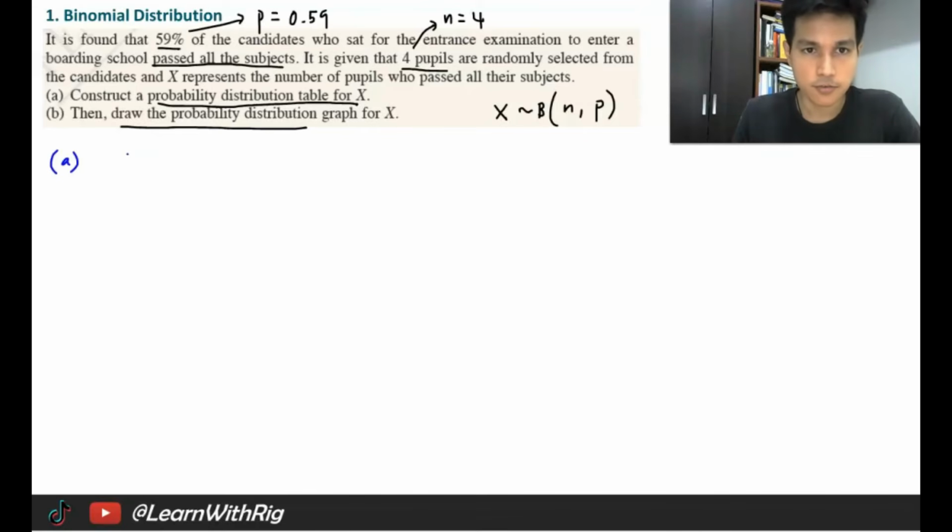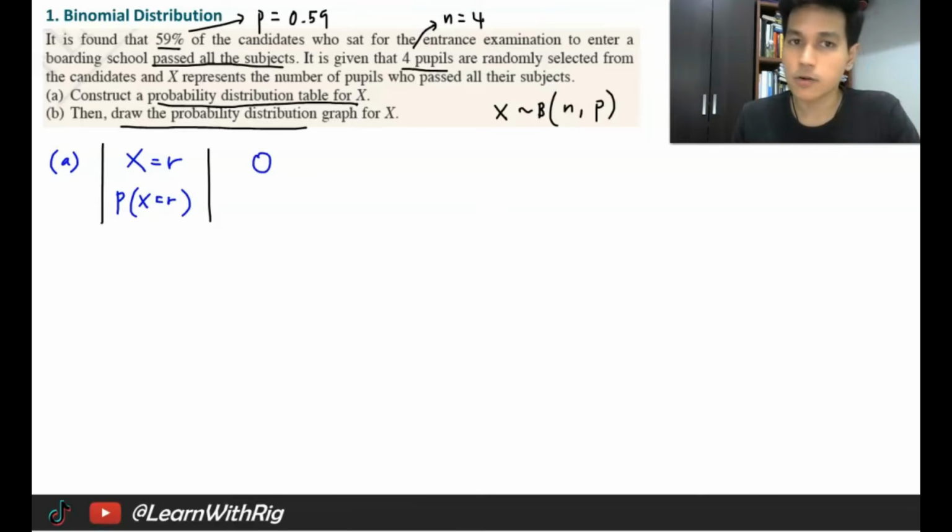First you have your X value. Actually, it's not the X value, it's the r value. That's the first part, and then the second part you will have to find the probability. So this is your table. X can be equal to what? Your number of trials is 4. So maybe out of the 4 people, none of them pass all subjects, or maybe 1 passes all subjects, or maybe 2 or 3 or 4.